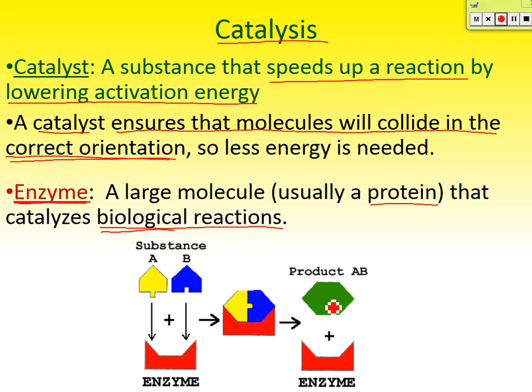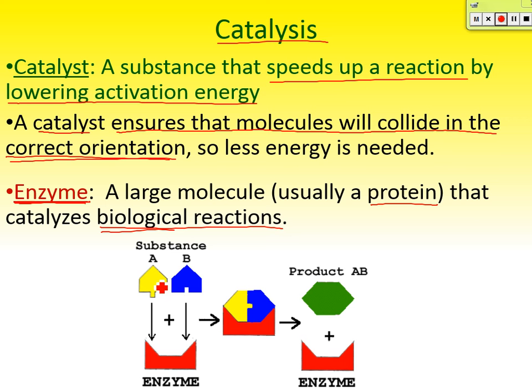And you remember with collision theory, these guys have to hit each other with correct orientation and with sufficient energy. Well, what a catalyst will do, and what an enzyme does, is it provides a surface. It kind of looks like a puzzle piece down here. A catalyst will provide a surface so that these reacting substances will hit each other in the correct orientation every time.